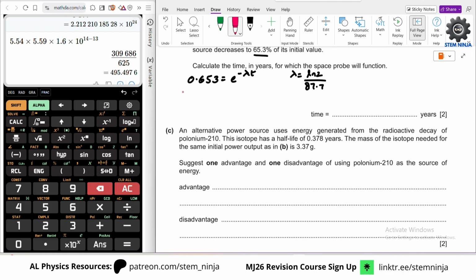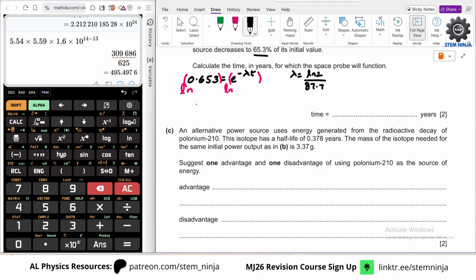So to find out t, we would need to invert this. Sorry, no, I mean we need to take the logarithm of this. So ln of this side, ln of this side. It's not exponent, sorry, it's just ln of this, ln of this.